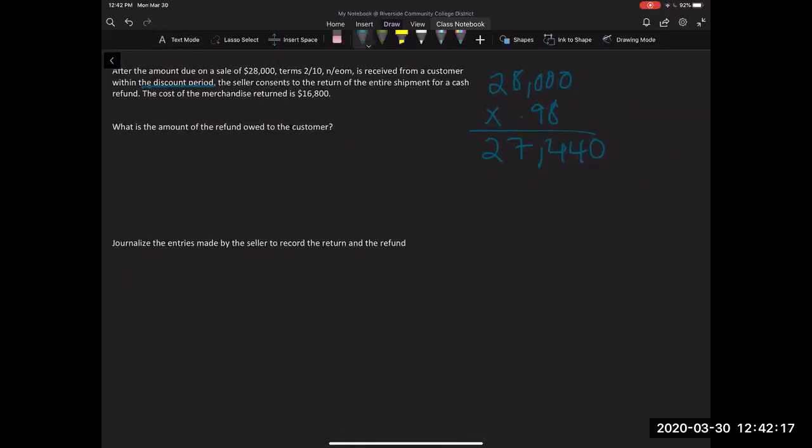That journal entry likely looked like a debit to accounts receivable of $27,440, and our credit was to sales, $27,440. And then it told us the cost of the merchandise was that, so cost of goods sold was $16,800 and my credit was inventory.